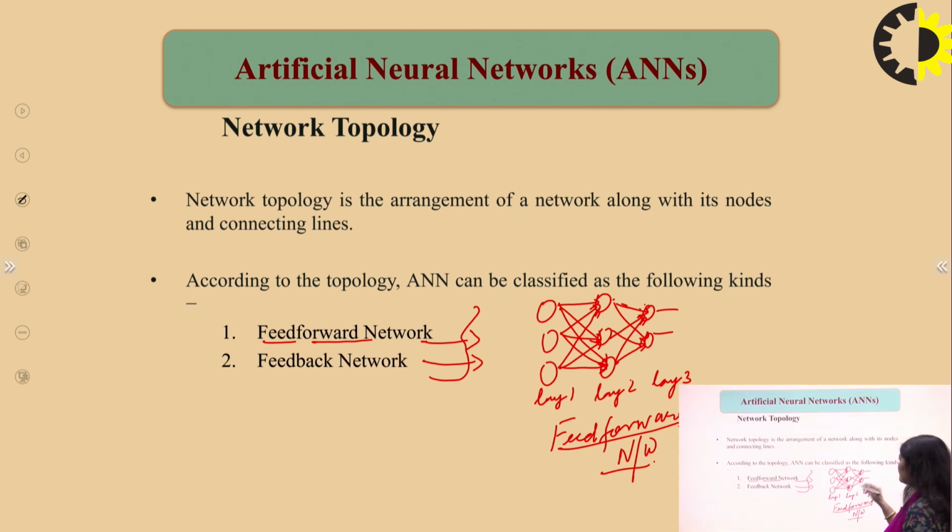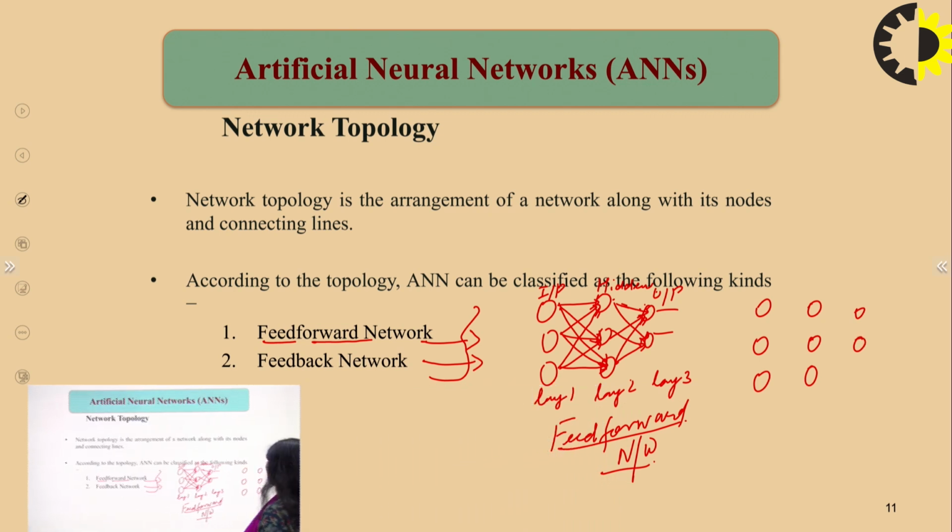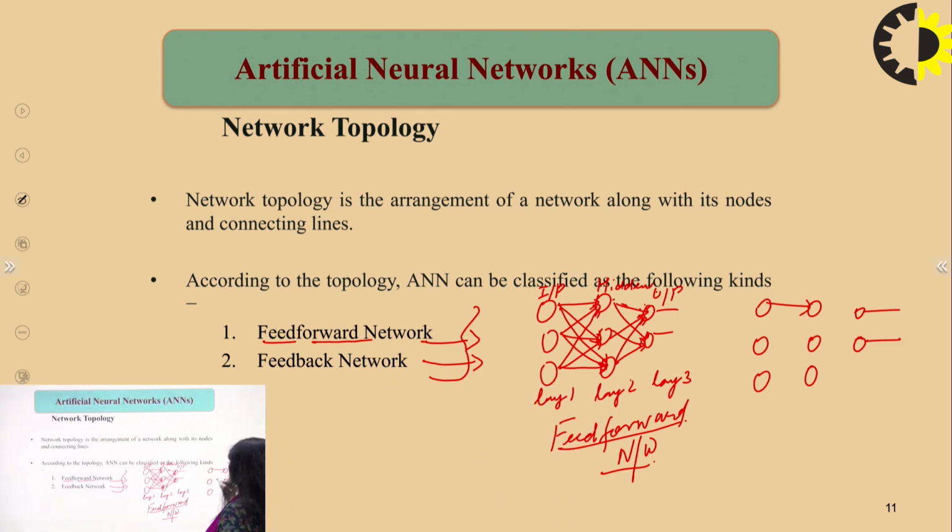If I draw a feedback network for you, first of all I need to label these layers. This first layer is called the input layer. Then we have the hidden layers here. And the final layer is always called the output layer. With the same thing, we are creating a feedback network. Inside a feedback network, we can go in 2 ways.